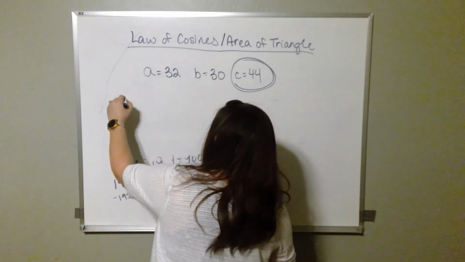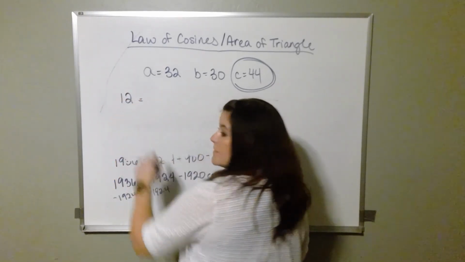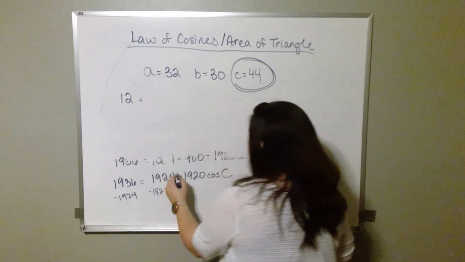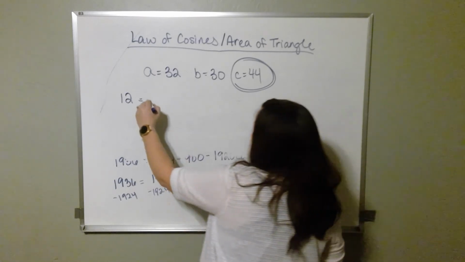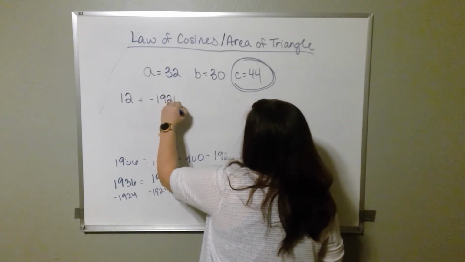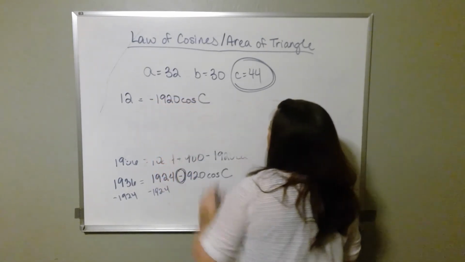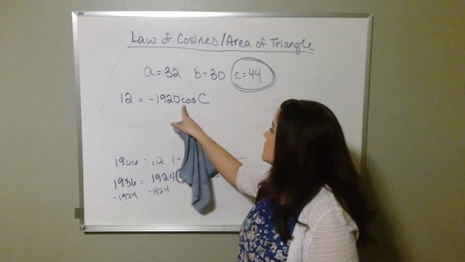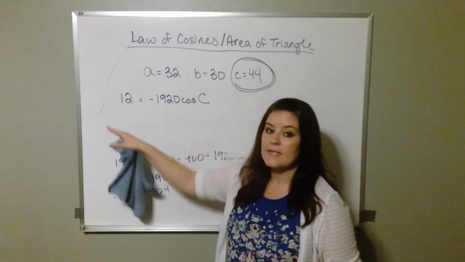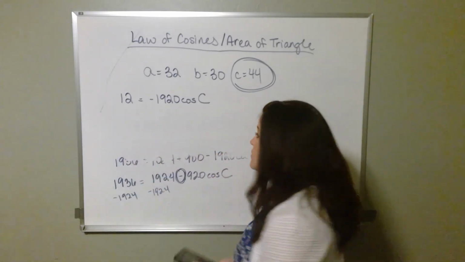Okay, so what you're going to end up with is 12 on this side. Don't lose this negative. It's a minus 1920 cosine C. So now we're here. Isolate cosine C, so basically divide both sides by negative 1920.